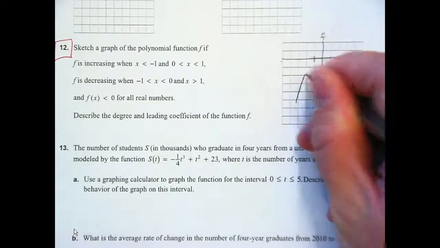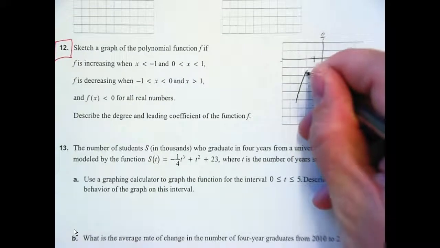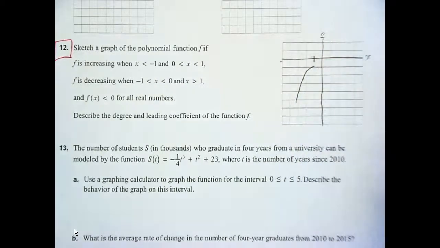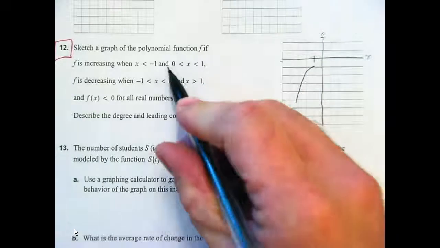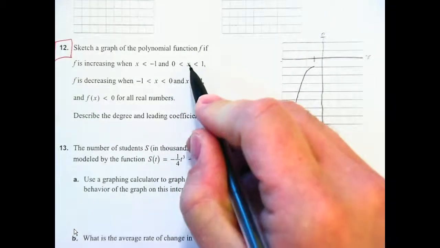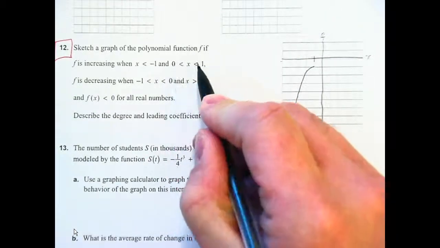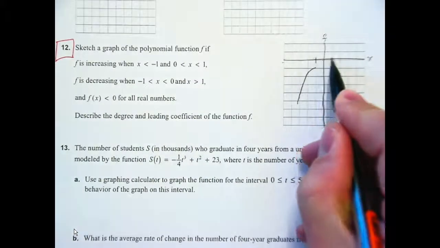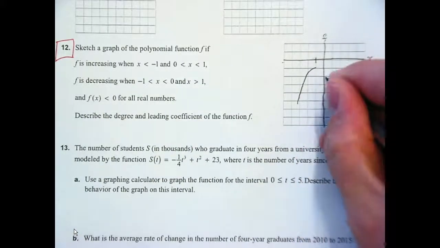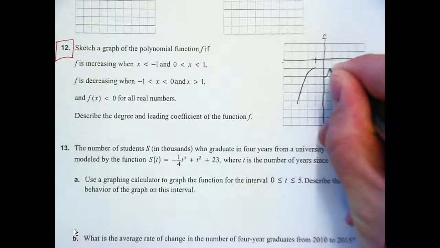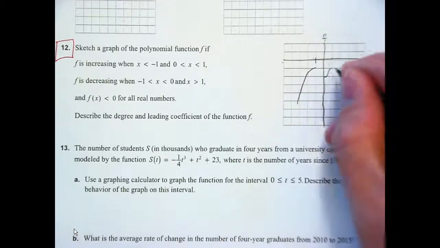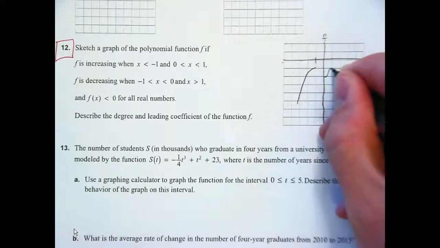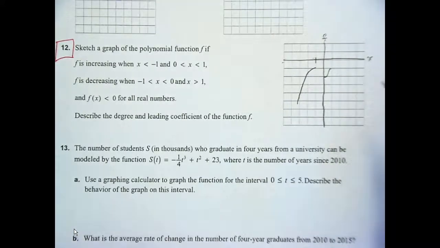We're going up from left to right until we get to -1. Okay? It also says we're increasing when x is greater than 0 but less than 1. So in between 0 and 1, we are also increasing. So it would be something maybe like that. Now, it doesn't mean you have to end at that point there necessarily.